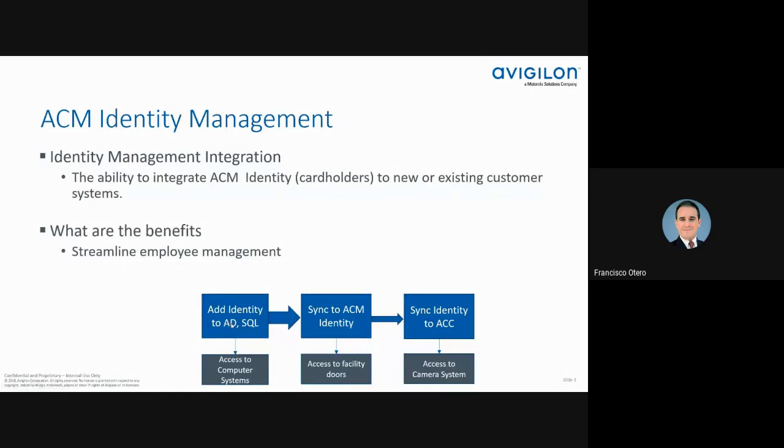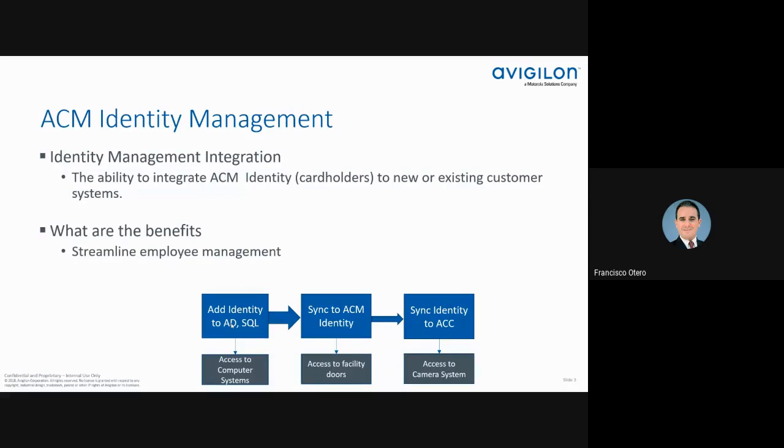Well, let's talk about Active Directory specifically. In Active Directory, that identity residing there will basically give you access to computer systems, access to your email, logging into the network, access to applications in your system. Now, when you integrate that with ACM, I can also log in to ACM using those credentials if I'm an operator.